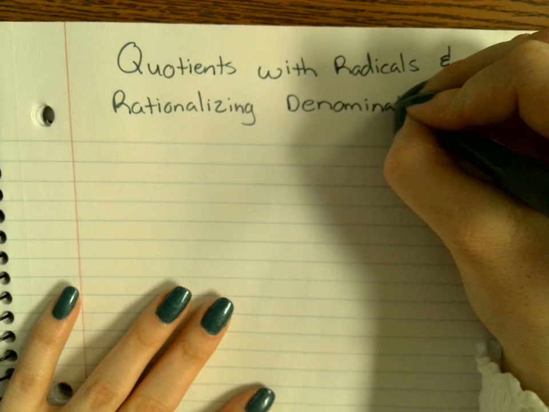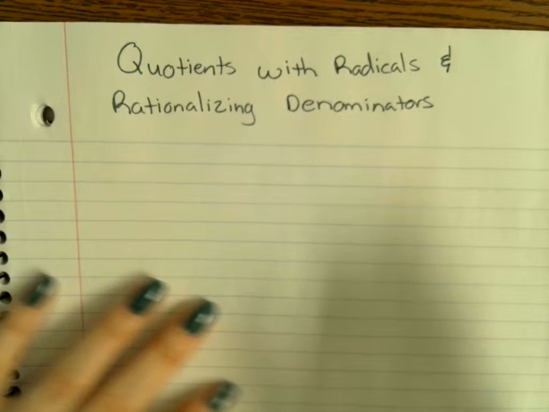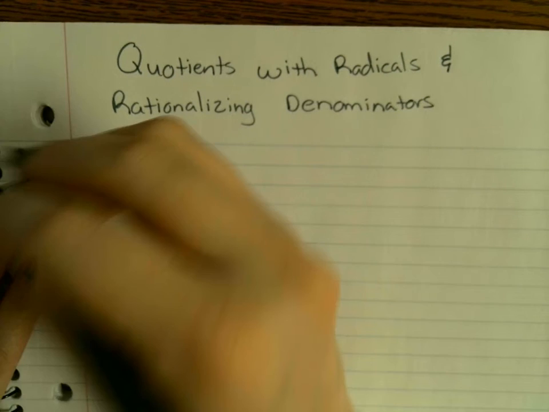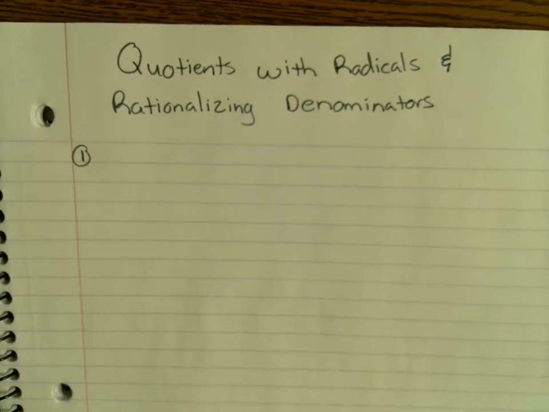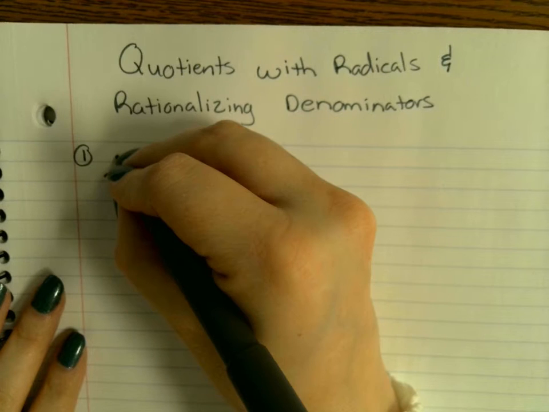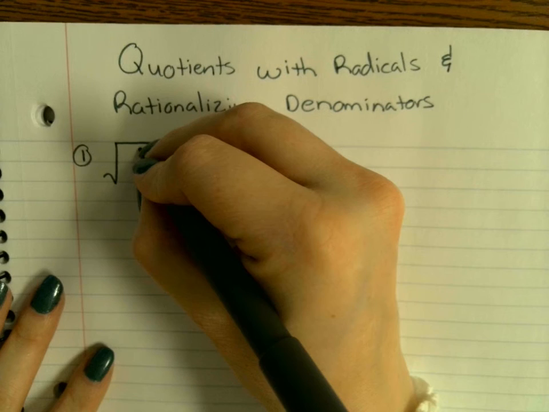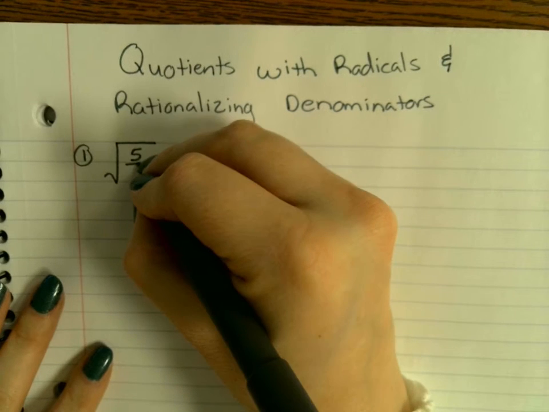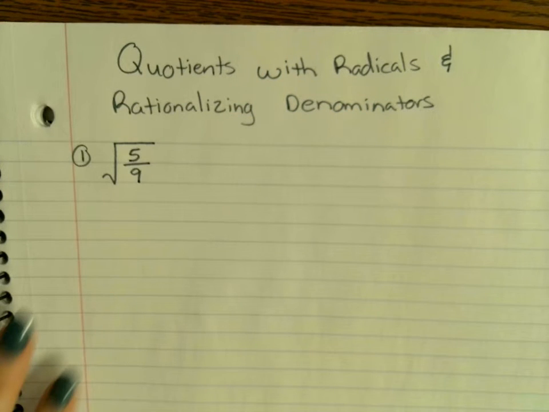Okay, so quotients, that's just a division problem. When you're looking at a division problem, if the entire thing is under a radical, it basically looks like a fraction, 5/9. So we have the square root of the fraction 5/9.